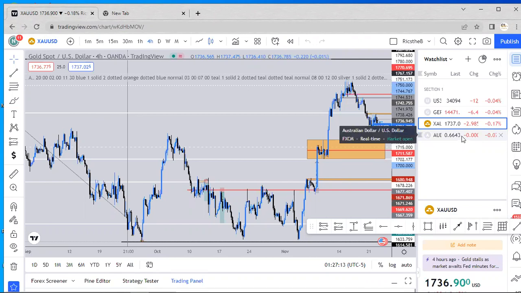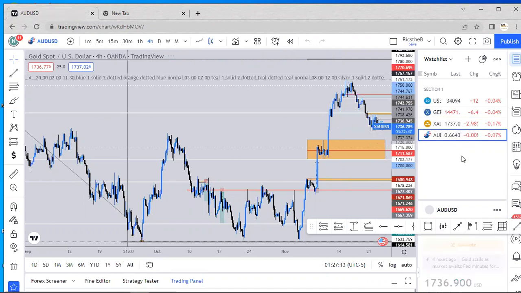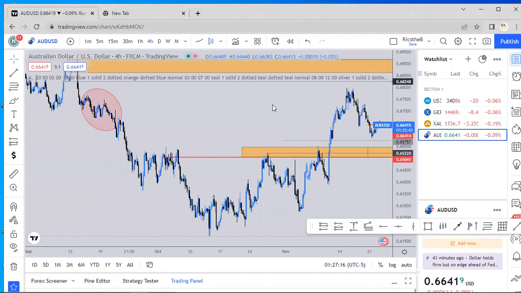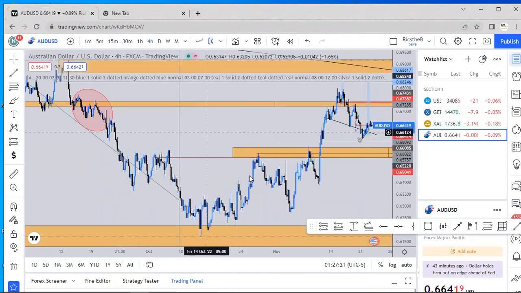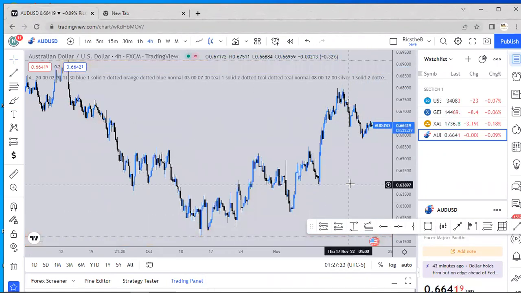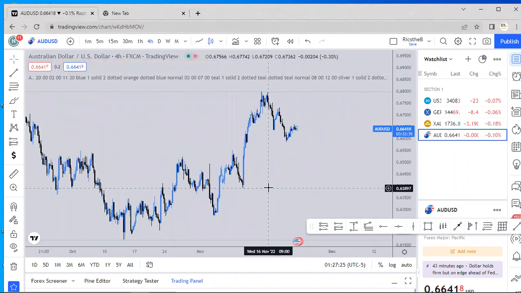Or let me use a chart that I don't use as much. You can get rid of this, then you can use this chart.